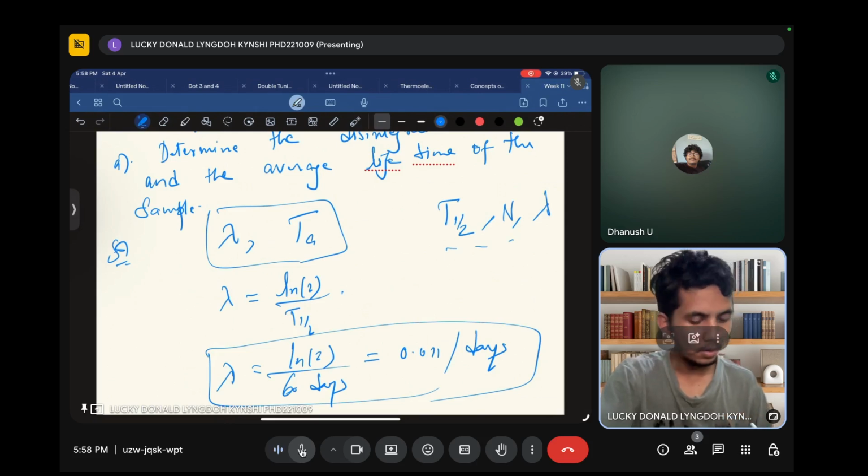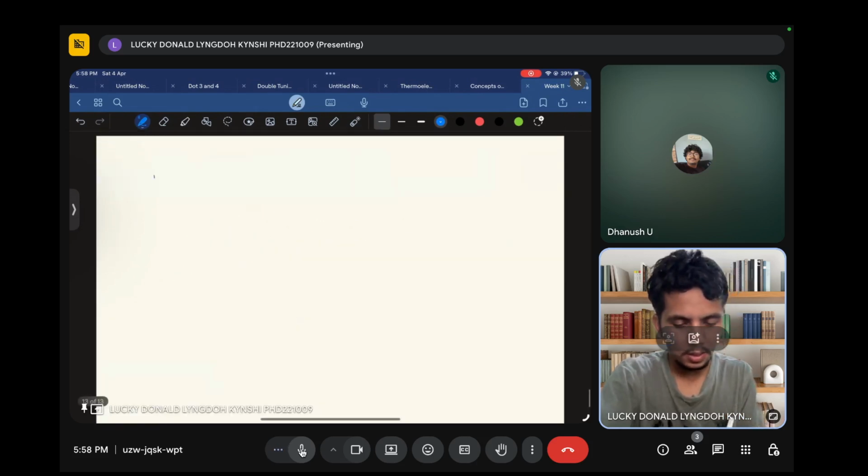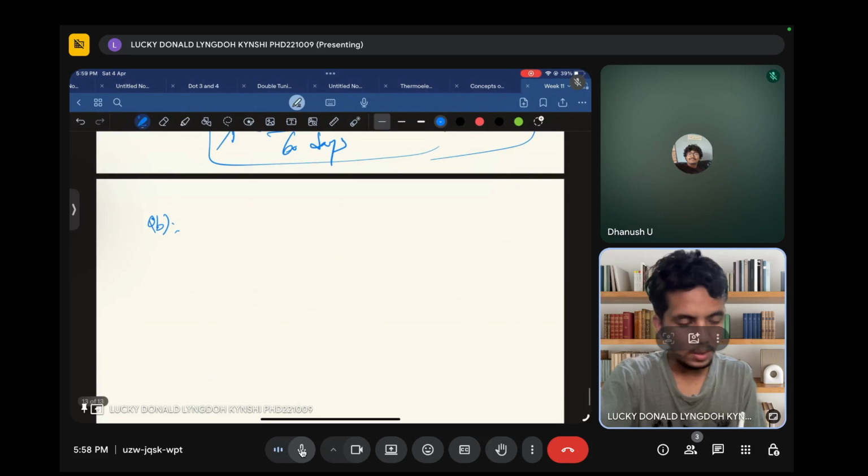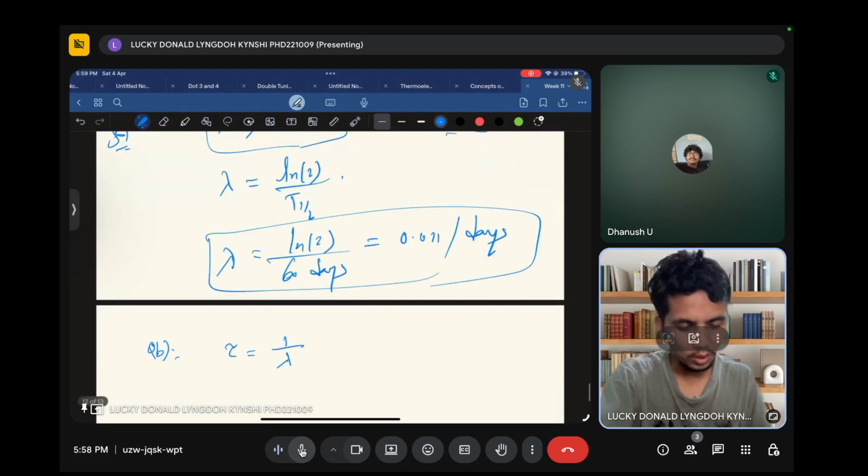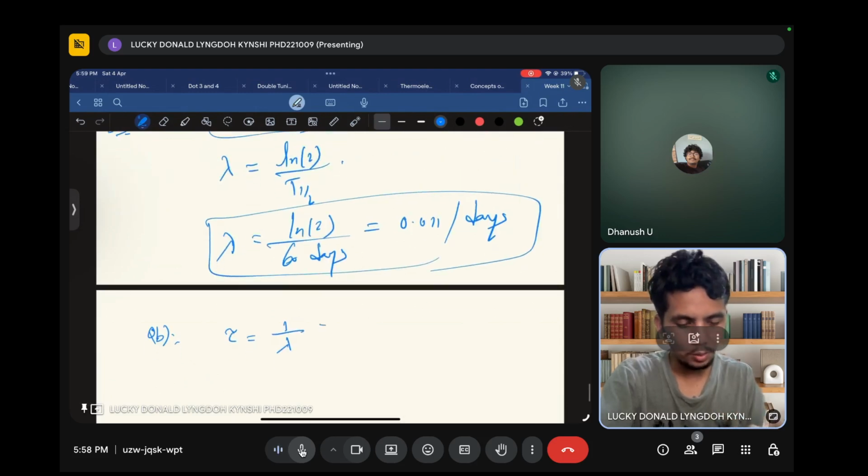Now, question number B. It says calculate the average lifetime. So the average lifetime, let's say tau, is inversely proportional to lambda. Lambda is equal to ln of 2 by T half, so 1 by lambda will be simply equal to T half by ln of 2. I use the same formula.